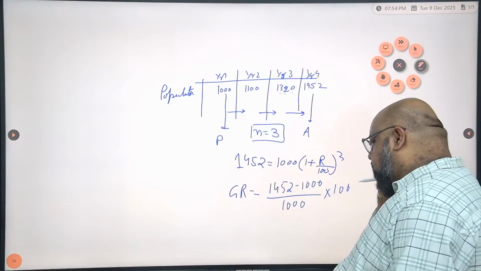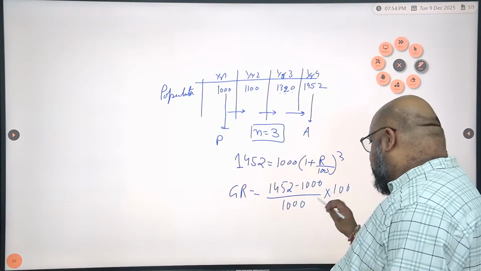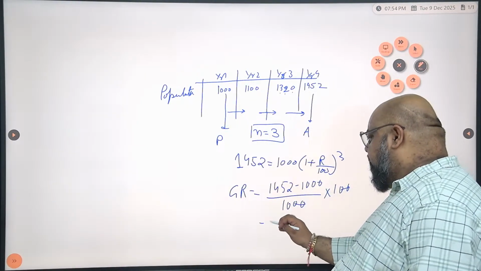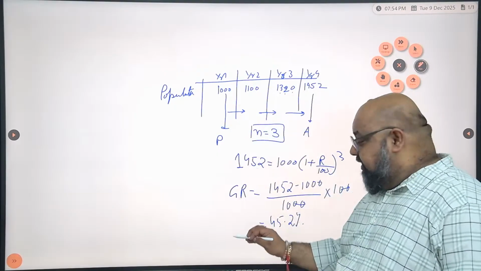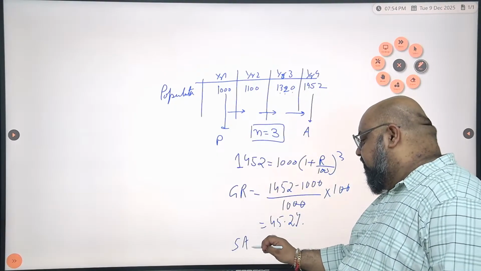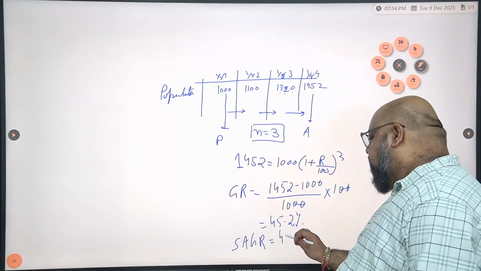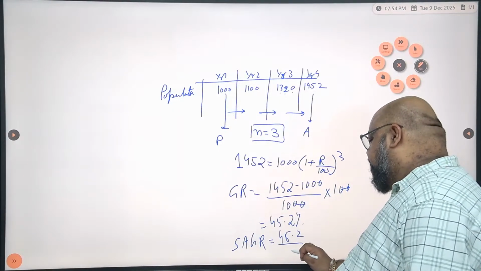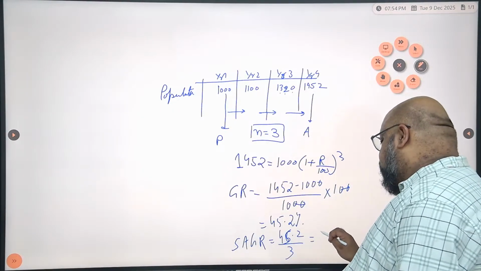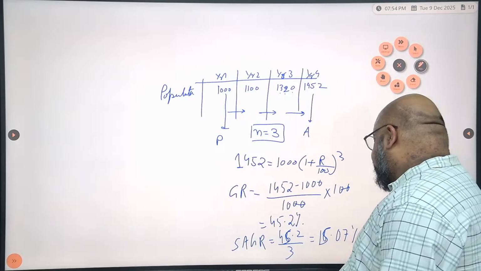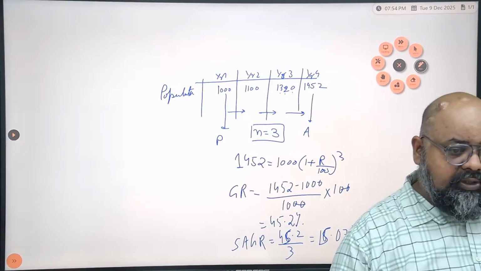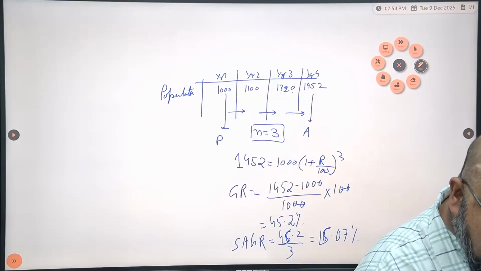Which will be what? 45.2%. ये total growth rate है. ये growth rate है 3 time periods के लिए. So the annual average growth rate or SAGR will simply be 45.2 upon 3, which will come out to 15.07%. CAGR से कम आएगा, ठीक है?